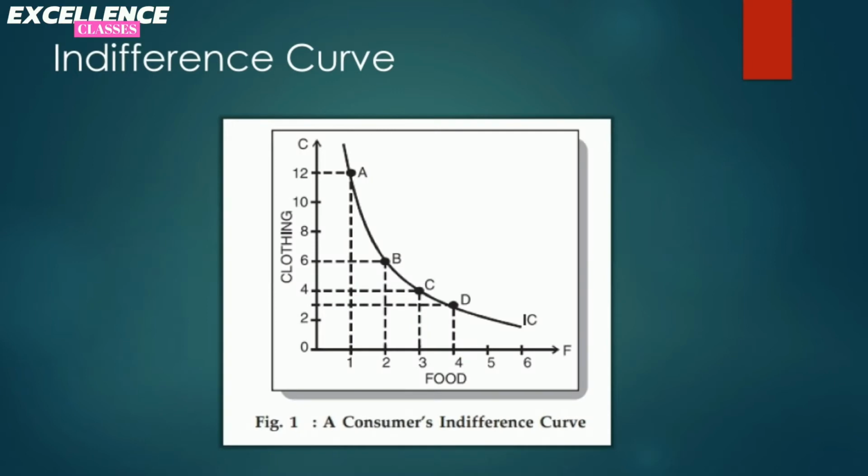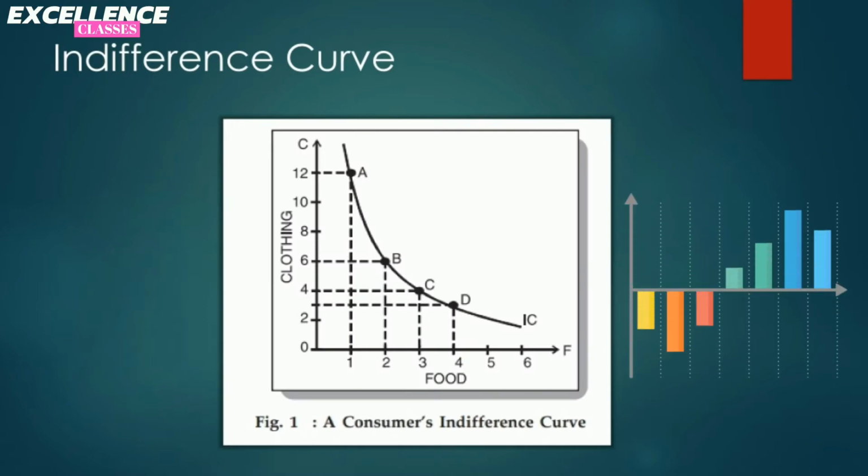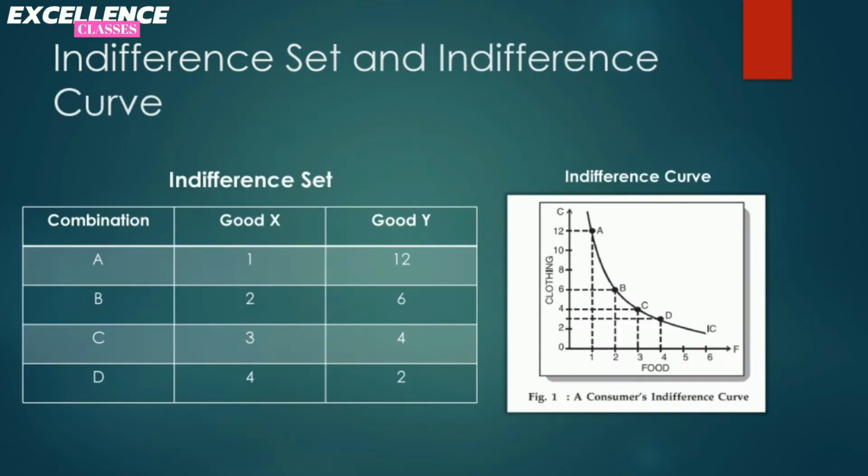Next one is indifference curve. Indifference curve is a graphical representation of those combinations of two goods which offer the consumer the same level of satisfaction. Let's take an example to understand indifference set and indifference curve in a better way.